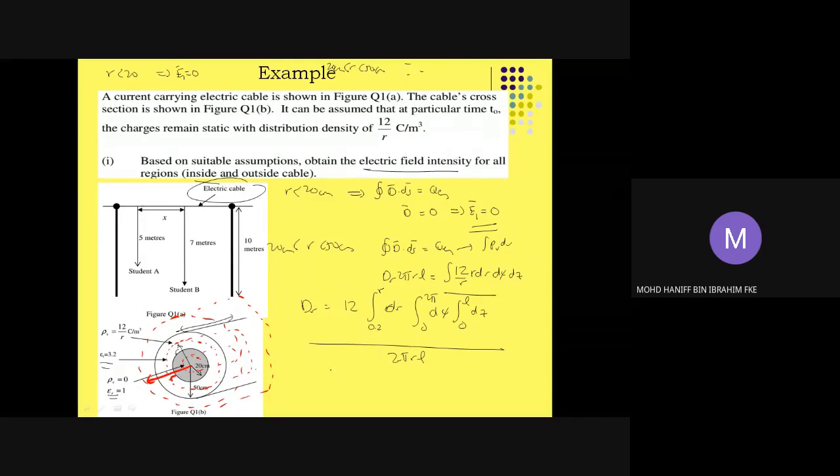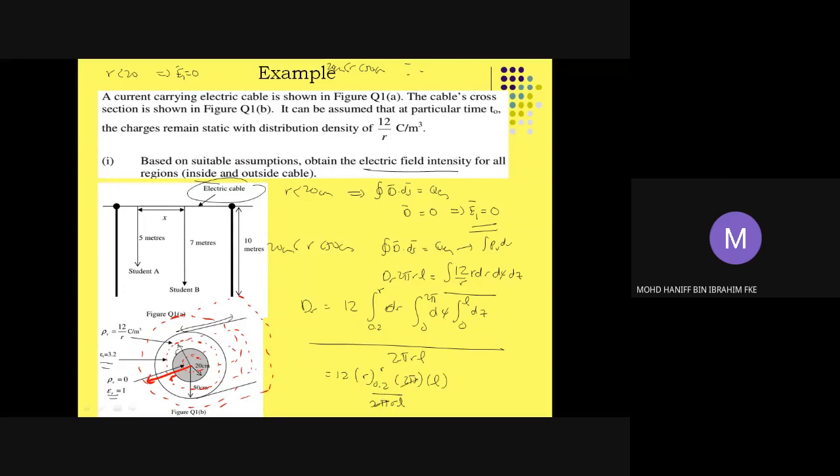So if you proceed further, we're going to have 12 times the integral from 0.2 to R, then we have 2 pi L divided by 2 pi RL. So 2 pi and L can be cancelled out.